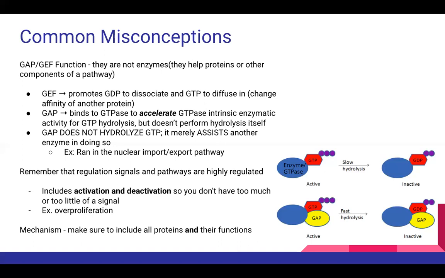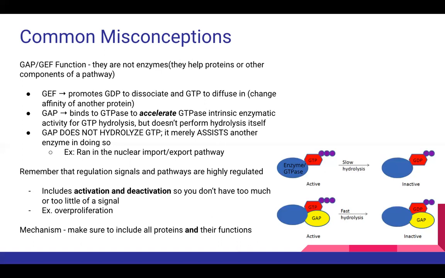And then remember also that regulation signals and pathways, everything we've talked about so far, are all highly regulated, so that there's activation and deactivation regulation so that you don't have too much or too little of a signal, because of course that's bad for the cell energy and production wise. So it'll prevent, for example, overproliferation where it's making too much of something, whatever the product of that cell is.